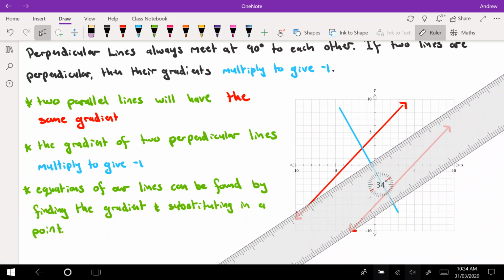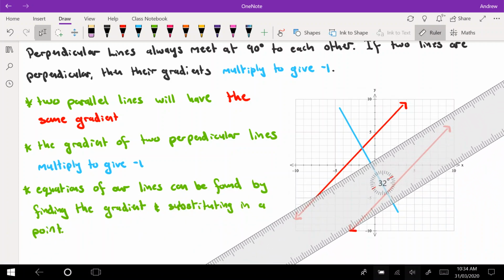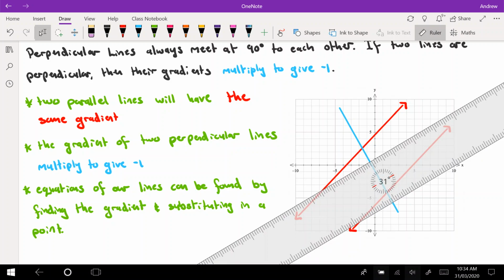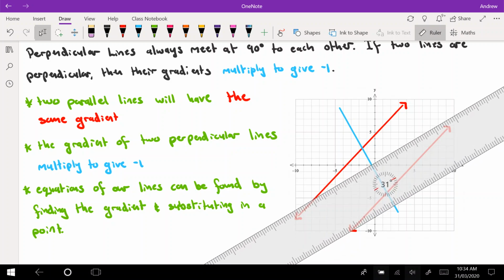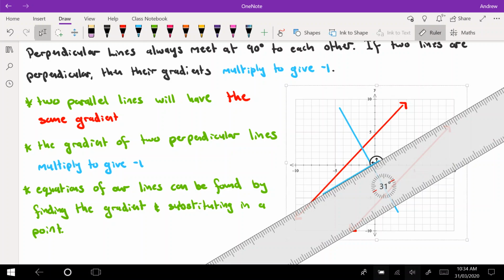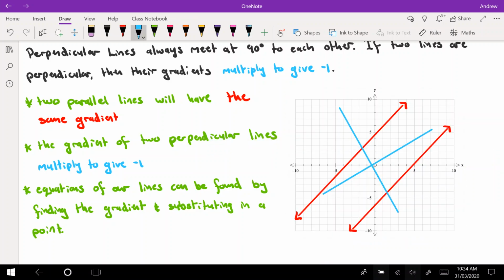And now my new one, that looks about right, is going to be here. Okay. And they will always meet at 90 degrees.